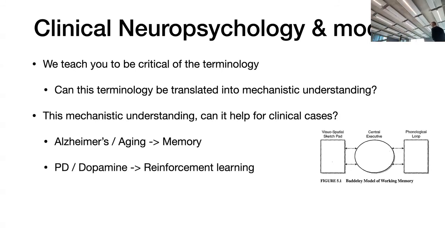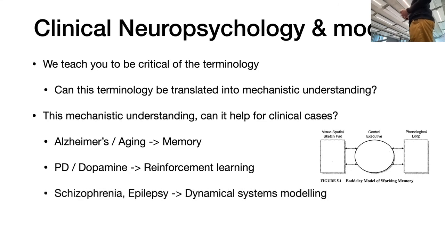And similarly, specific fields of AI, like reinforcement learning, allow an artificial agent to perform a certain type of behavior, and that's specifically the type of behavior that we know is broken in specific diseases: addiction, Parkinson's disease, that sort of thing. Reinforcement learning really allows you to model what's going on in these patients.